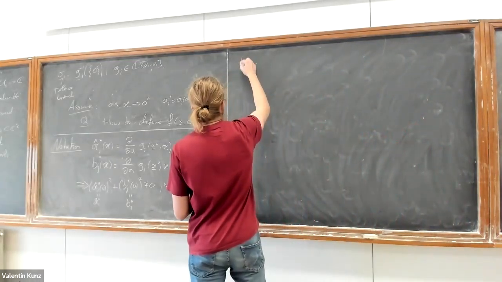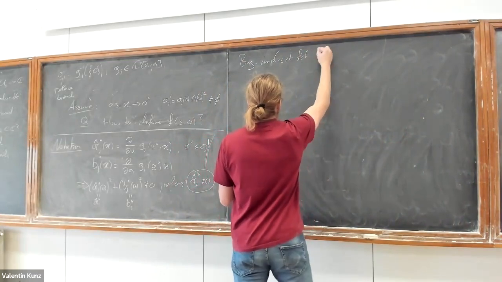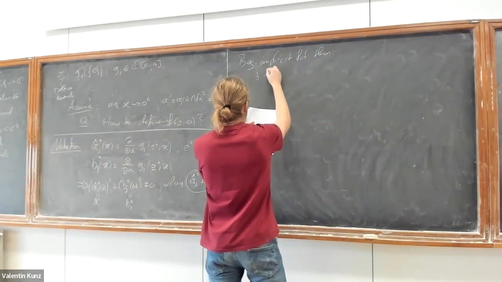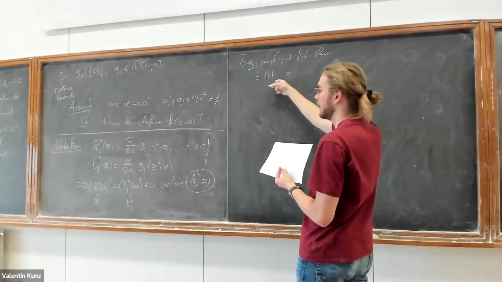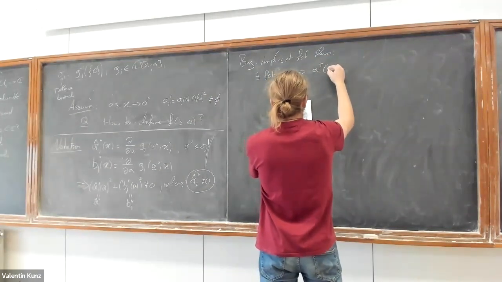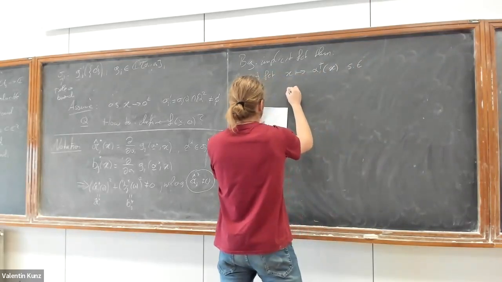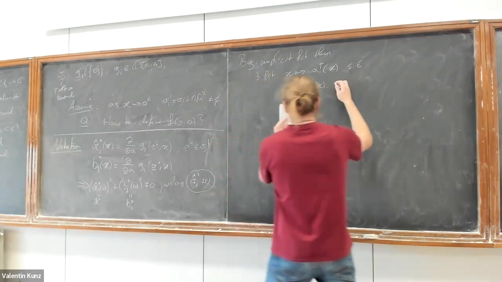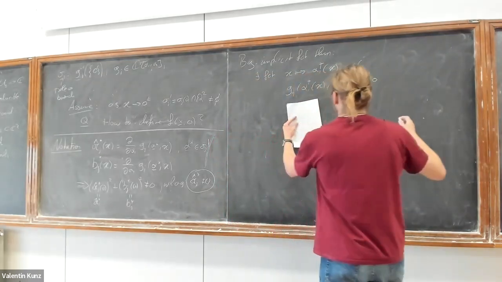So now, observation. Using the implicit function theorem, we find that there exists a function in kappa, alpha 1 beta kappa, such that we get alpha 1 beta kappa, alpha 2 star is equal to 0.